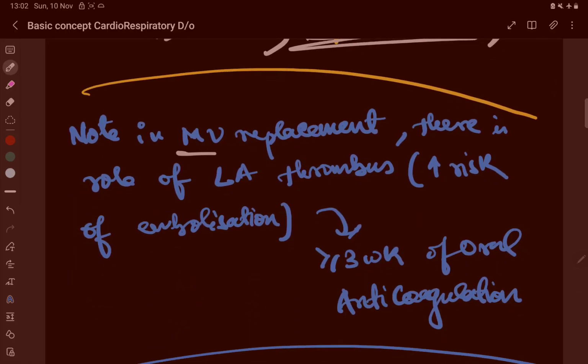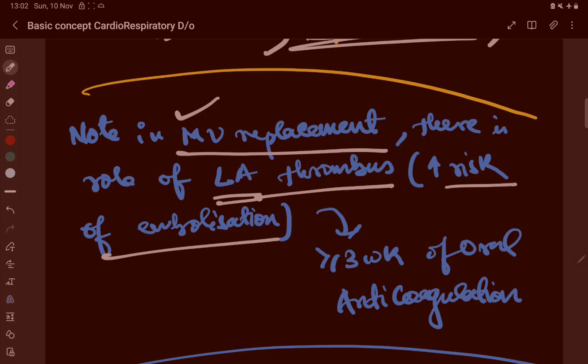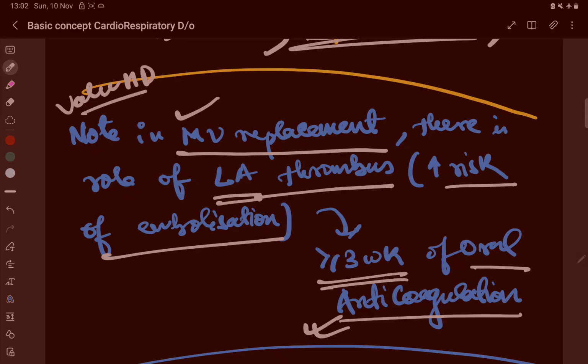Okay, now few one-liners. In mitral valve replacement, there is a role of left atrial thrombus which causes an increased risk of embolization. So 3 weeks of oral anticoagulation is given. Okay, so in valvular heart disease, what are the drugs important? So 3 weeks of oral anticoagulation is given after the mitral valve replacement.